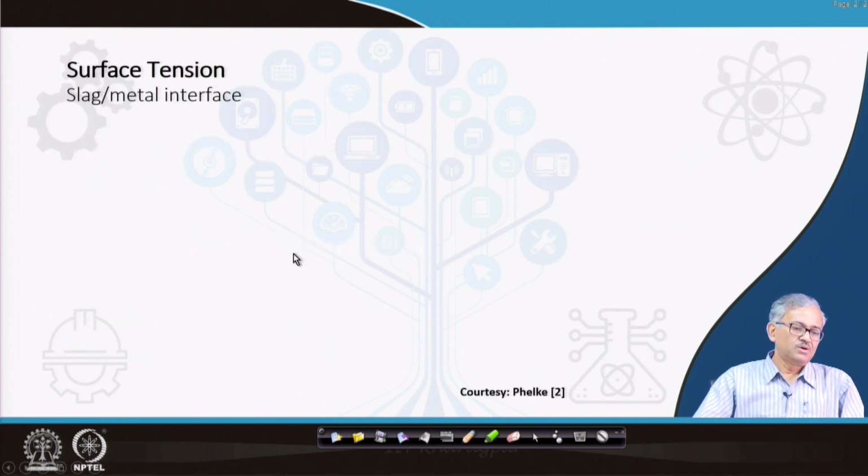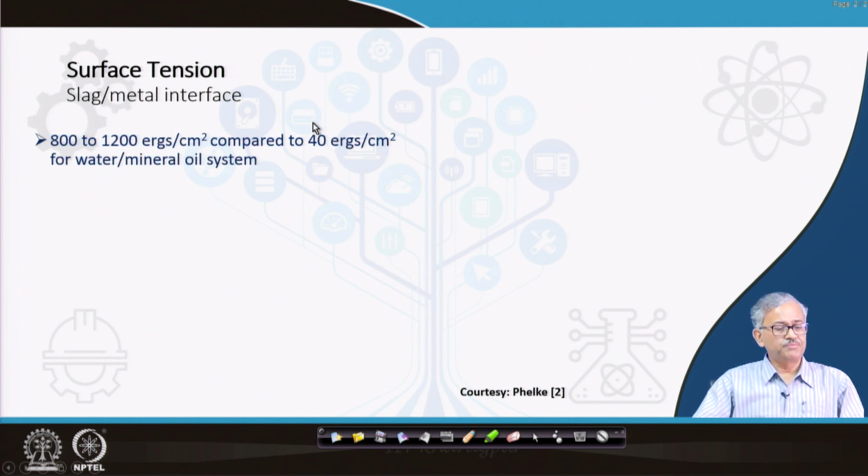Let us see now what the surface tensions of different interfaces are. For example, consider the slag metal interface. If you compare the values, in the slag metal interface the surface tension is 800 to 1200 ergs per centimeter square. Compare this with only 40 ergs per centimeter square for the water mineral oil system.